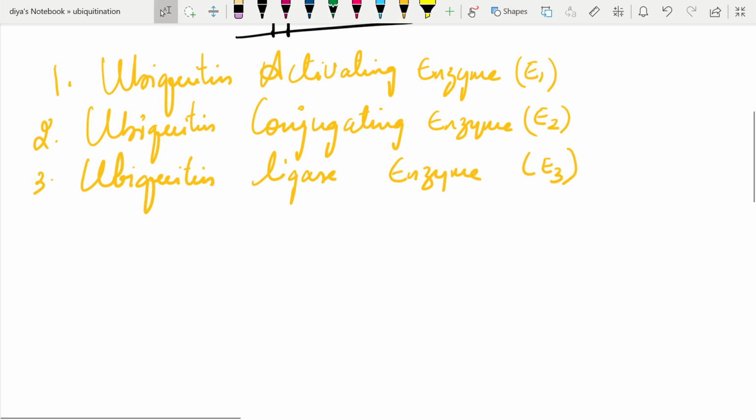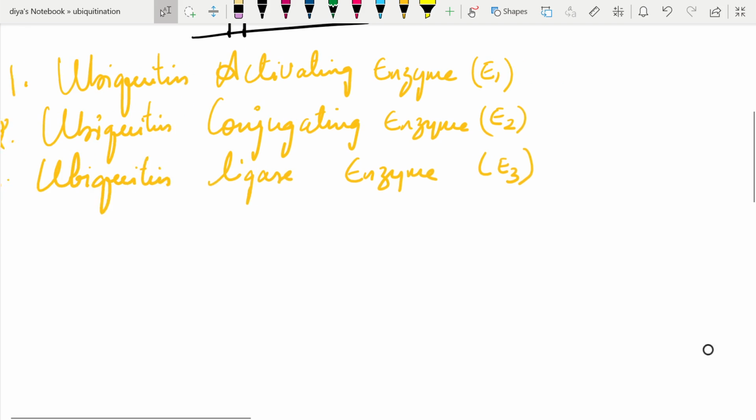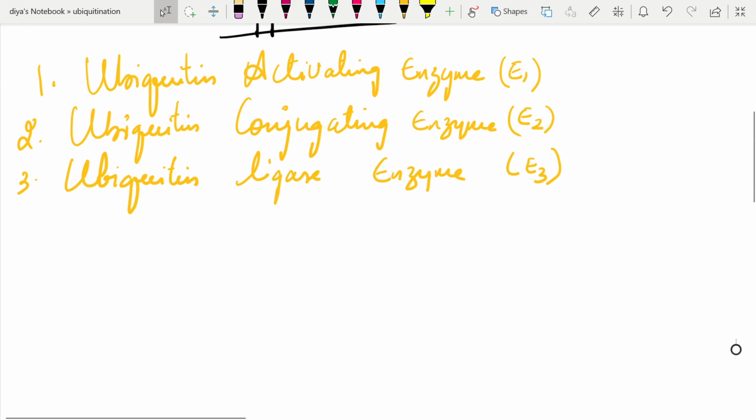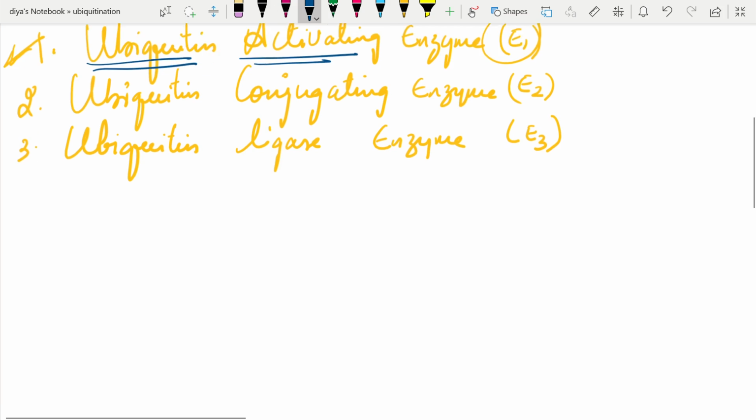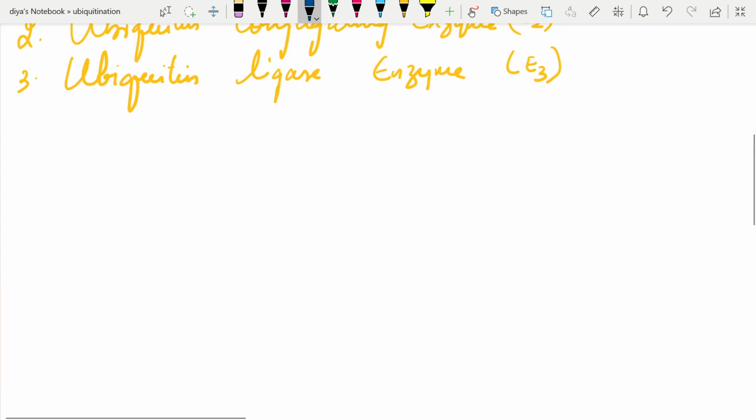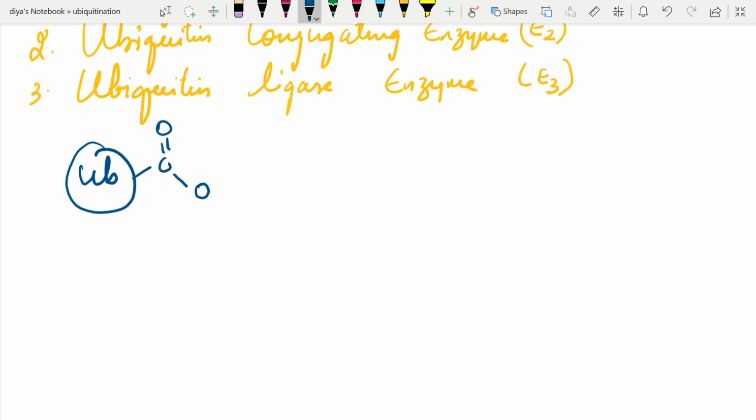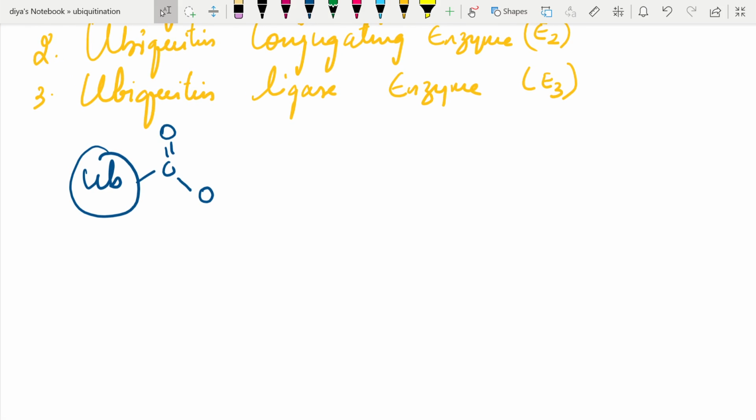Now, in the first step, we use the first enzyme, that is the E1 enzyme. This enzyme activates the ubiquitin protein. Suppose this is the ubiquitin protein we have, and this protein is activated.